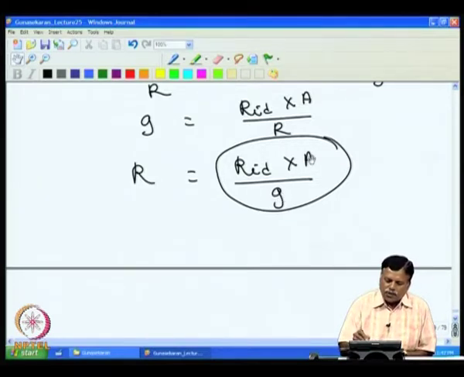If the open loop gain is 20,000 and I set G to 10,000, then the ratio is 2, so the closed loop input resistance will be RID into 2 only. Whereas, if I keep G as 1, then I will get very high input resistance.